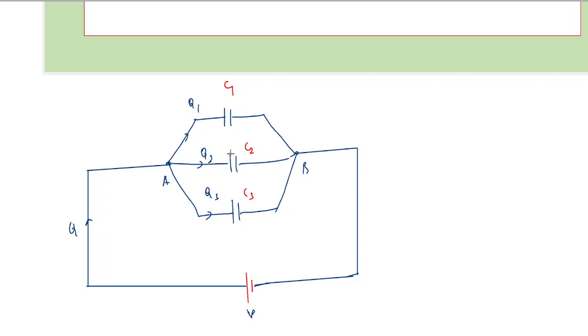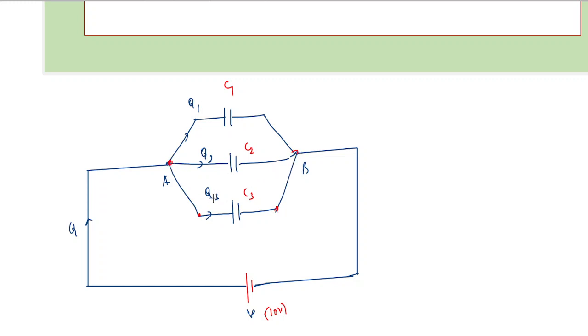So we saw earlier that in a parallel combination, the charge divides, but the voltage drop across each capacitor remains the same, which means the drop across this capacitor would be V only. If this is say 10 volt, the drop across these 2 points will be 10 volt, and the drop across these 2 points will be 10 volt only.